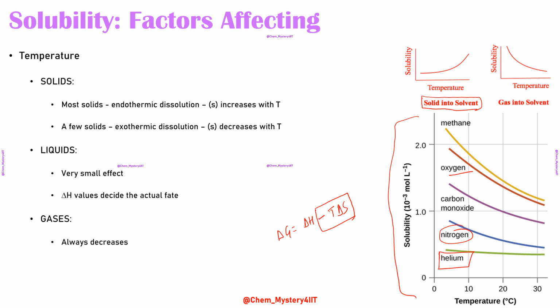As temperature is increased, this term will make our dissolution relatively less likely, because if entropy is decreasing, delta S sign is negative, so minus T delta S is going to be positive. Temperature increased, we are getting more and more positive delta G. So free energy of dissolution of gases is going to be unfavorable with temperature change. That is what we can see in the result.